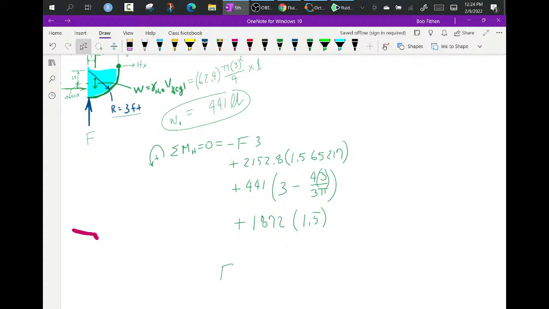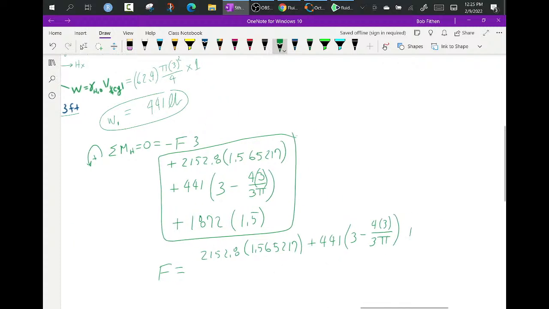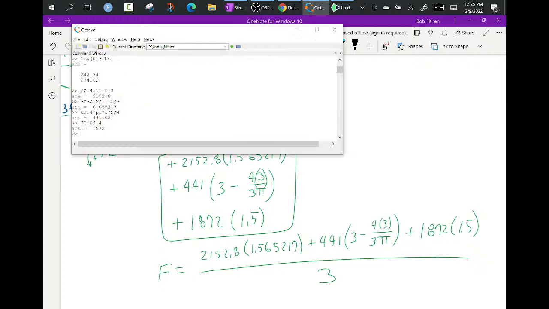Now, if you want to find the answer, you of course move all those to the other side and you get 2152.8 times 1.565217, plus 441 times 3 minus 4 times 3 over 3 pi, then plus 1872 times 1.5, and all that divided by that 3. So I can figure it out real quick.